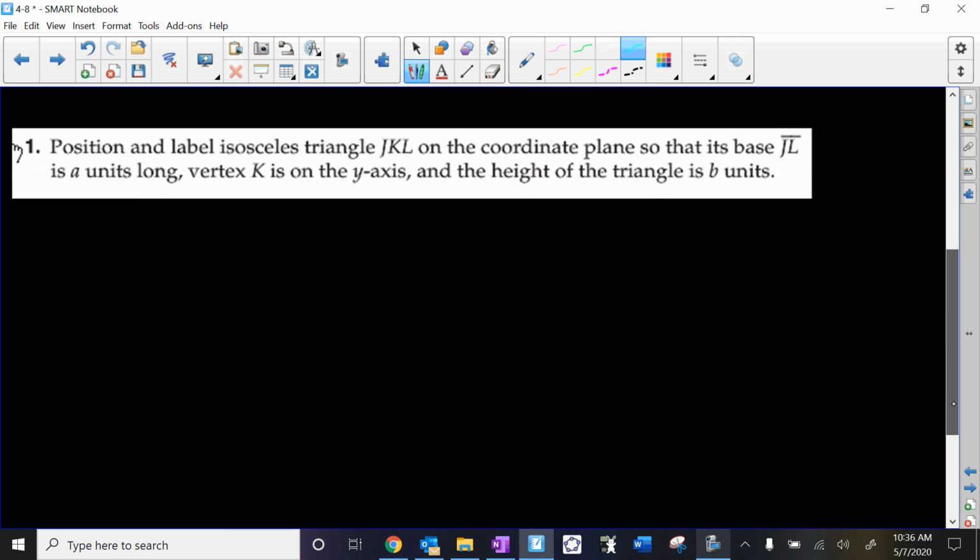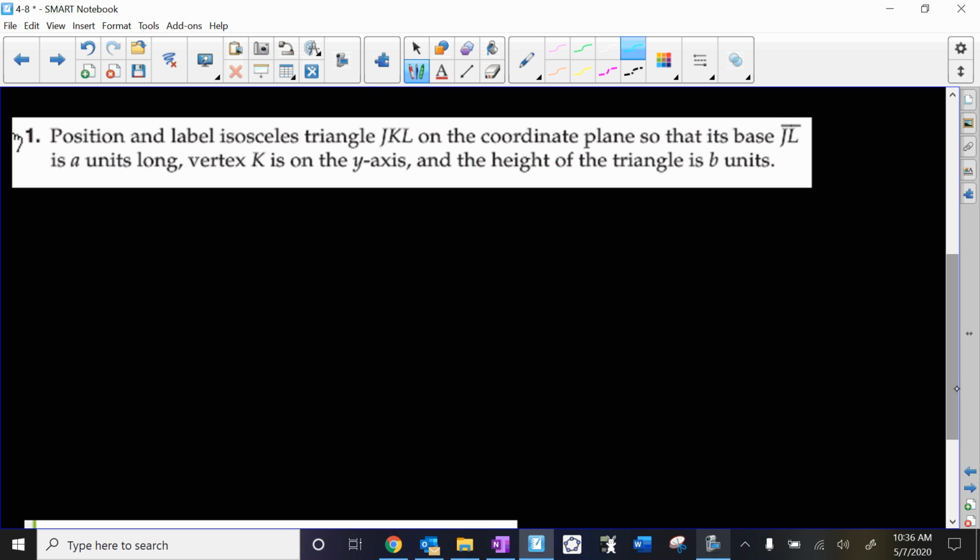Let's try one more. Position and label isosceles triangle JKL on the coordinate plane so that its base JL is A units long, vertex K is on the y-axis, and the height of the triangle is B units. So on this one, I may say, let's try and utilize the first 2 quadrants.